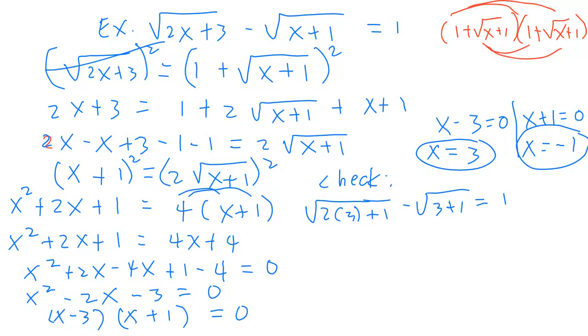So that would be, it's not plus 1, it's a plus 3 from the original problem. So that should be now 2 times 3 is 6, plus 3 is 9, square root of 9 would be 3, minus 3 plus 1 is a 4, square root of 4 is a 2. So this one is a true statement. So I will mark this out. 3 is a true solution for this problem.